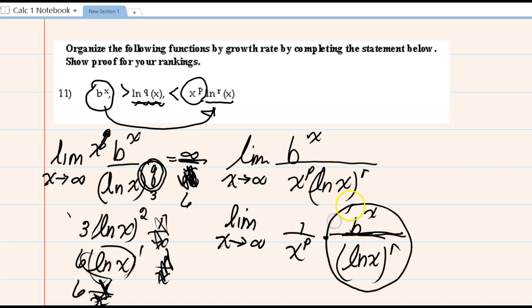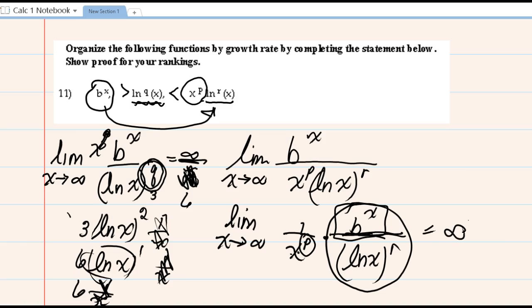So the question now is what happens with b to the x and our power? Again, we're going to see that this is a constant number, and eventually, when we take the derivatives over and over again, this will go away, but b to the x will still stay on top. So we're going to get infinity there as well.